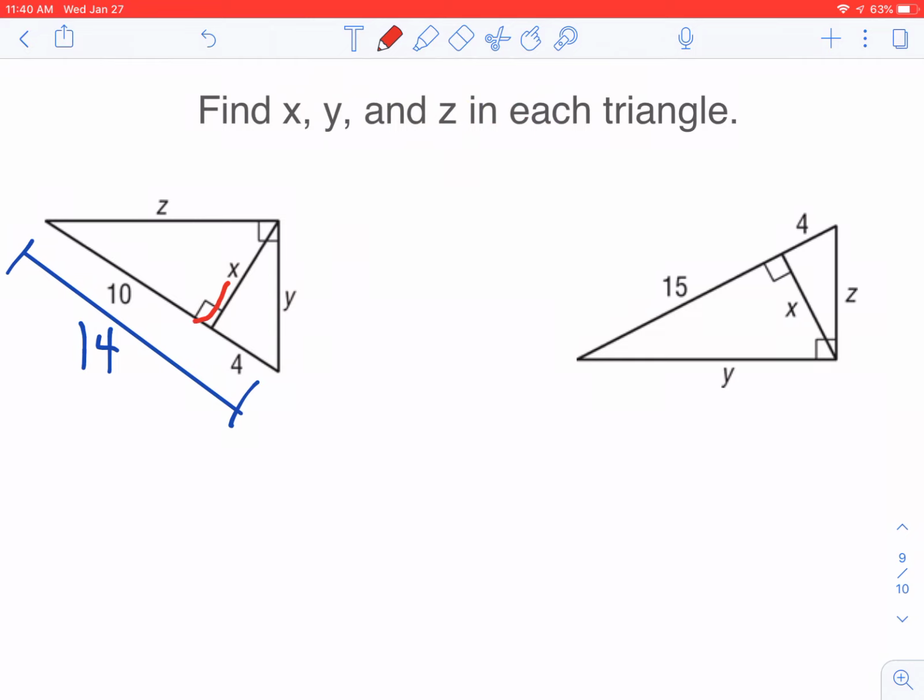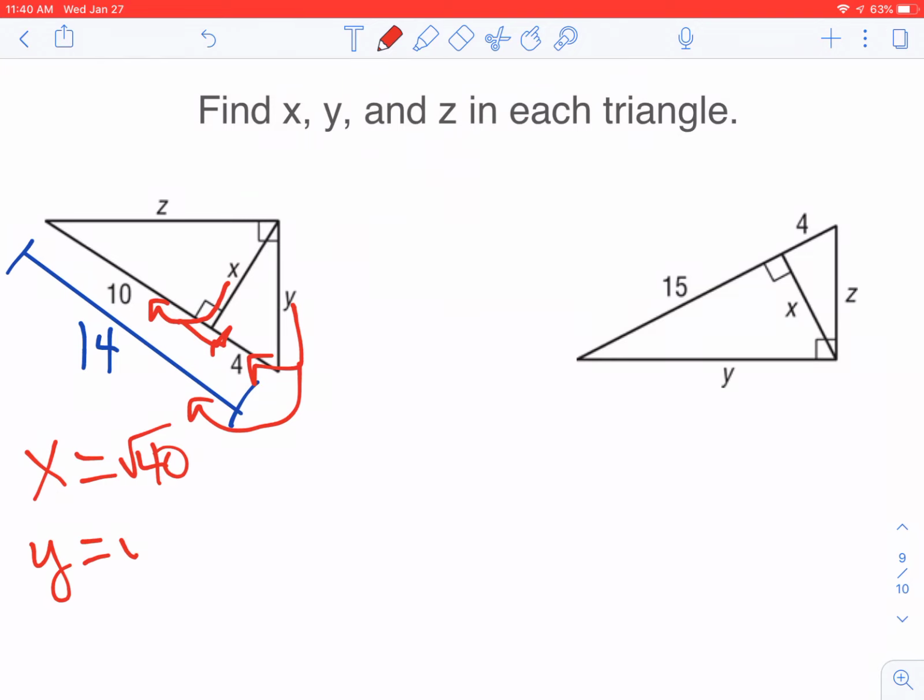You can start with whatever number you want. Got a turn, got a turn. 10 times 4 is 40. X equals root 40. I'm not going to simplify right now. Y makes 2 turns. 14 times 4, use your calculator. Y equals root 56. And Z equals, I got to go to the 10 and the 14, equals root 140.